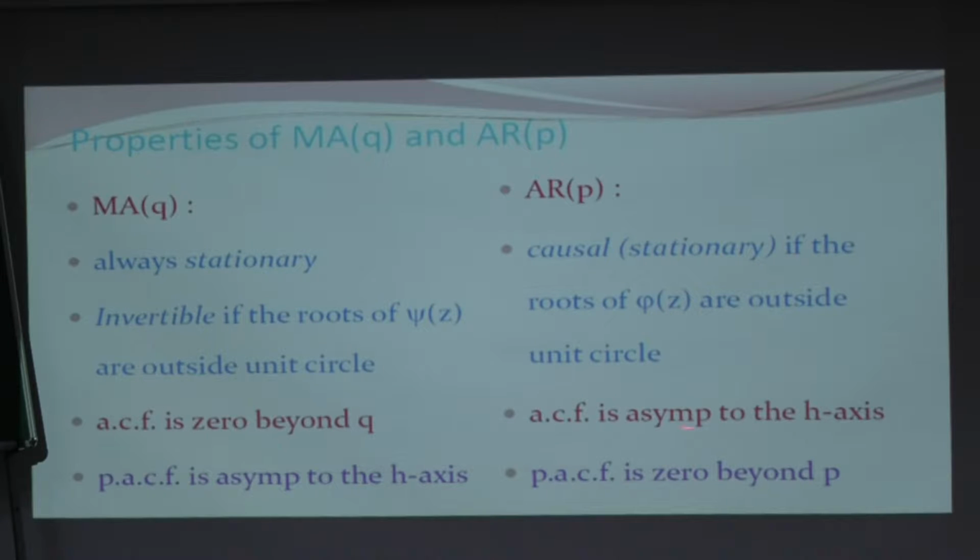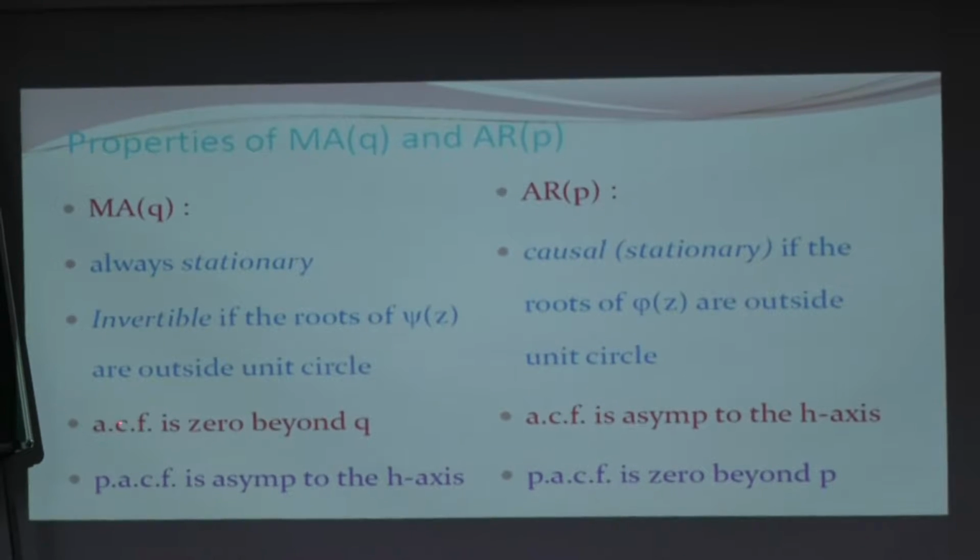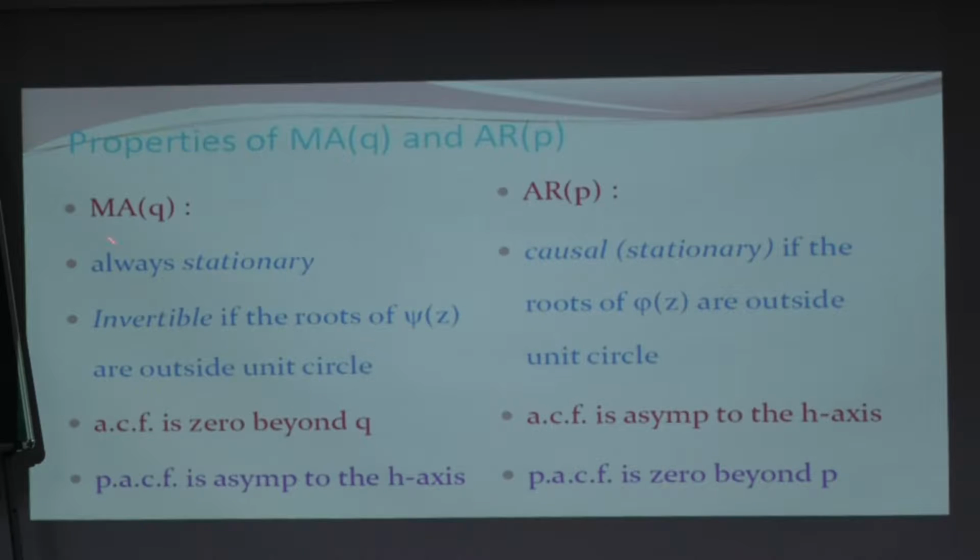In this case, ACF is asymptotic to the h-axis. So this does not help you to identify the process. This helps you to identify the process. So ACF helps you to identify the order of a MA process. Similarly, if you look at the PACF, it is asymptotic to the h-axis here and is 0 beyond P. So the PACF helps you to identify the autoregressive process.